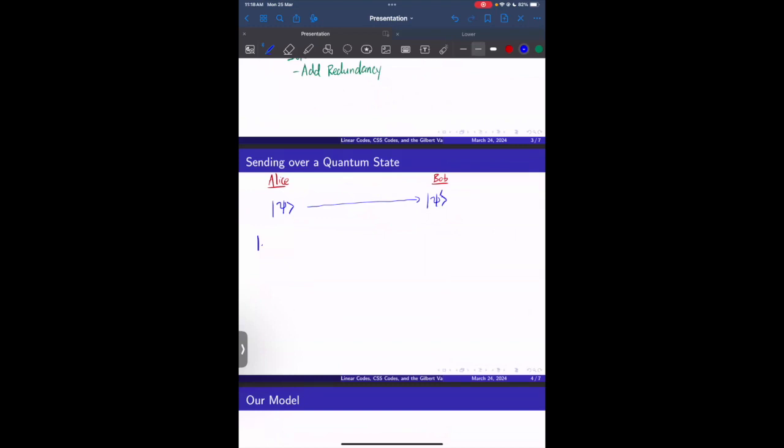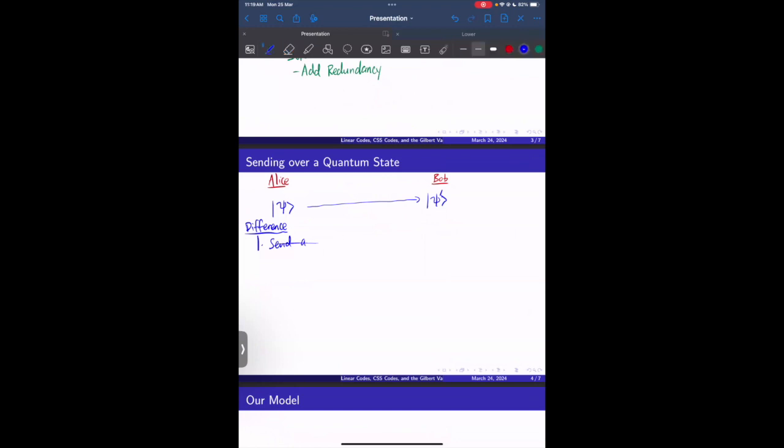The difference is that you can send over mixed signals. Instead of sending 0 and 1, you can send a superposition of the 0 and 1 qubit. So you can literally send a superposition. So now you have to deal with more errors.